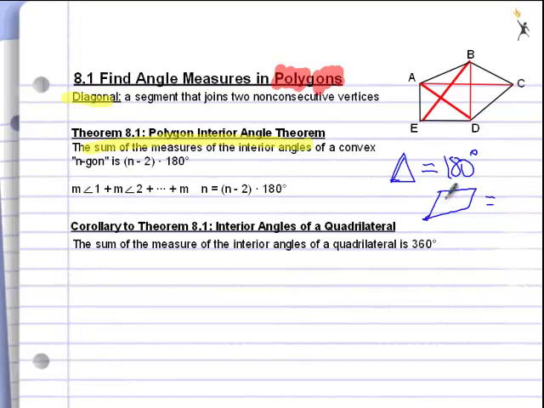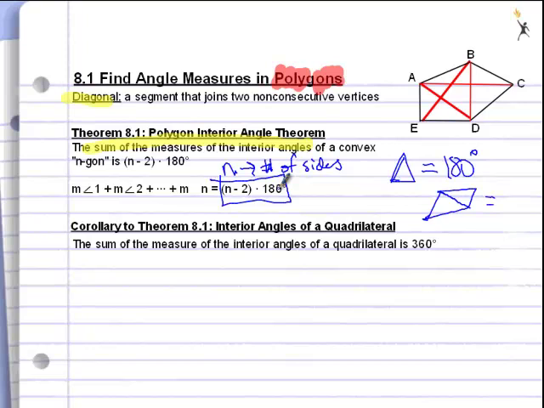In fact, we can take any quadrilateral, break it up into 2 triangles, which means that the interior angles have just now doubled. But what we're given in geometry is a formula that tells us if you take any number of sides of a polygon, let's say it's 6, you could plug 6 into this equation, n minus 2 times 180, and you can find out what the interior of any polygon is, whether it has 3 sides, 4 sides, 5 sides, 100 sides.